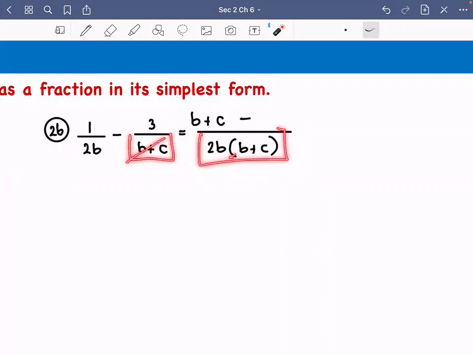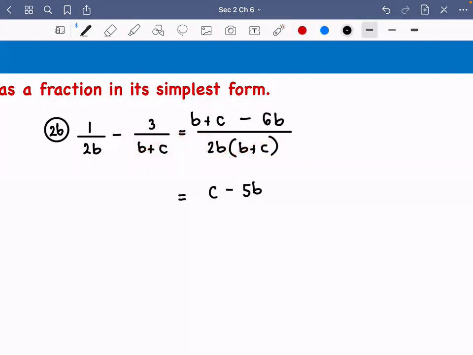This gets cancelled, so you're left with 2b. 2b times 3, so what do you get? It becomes minus 6b. Therefore, your answer here is basically c minus 5b over 2b times b plus c.